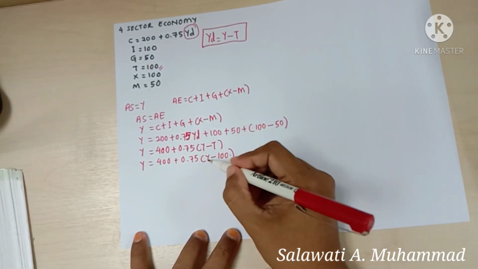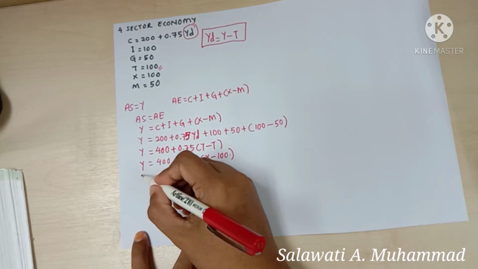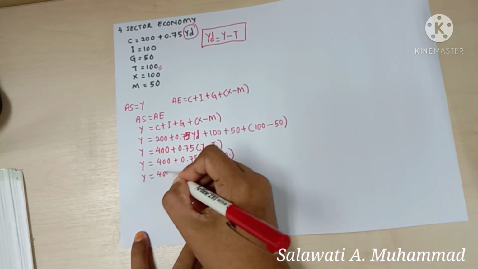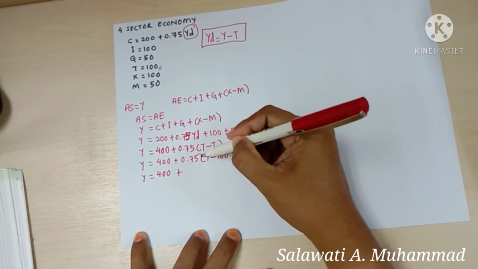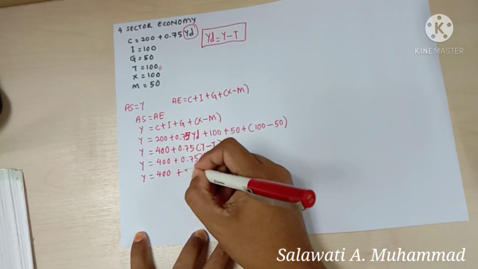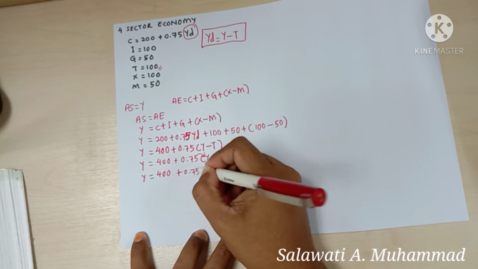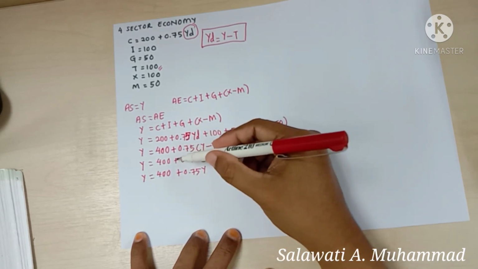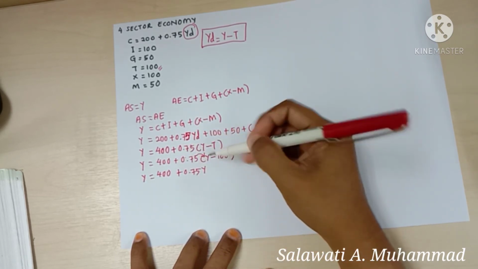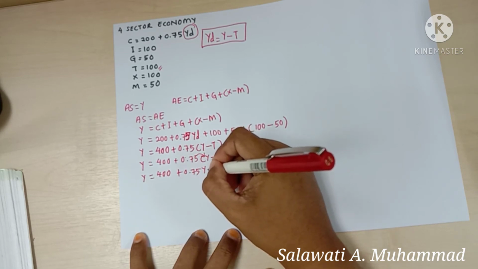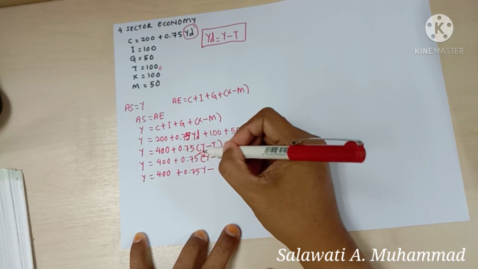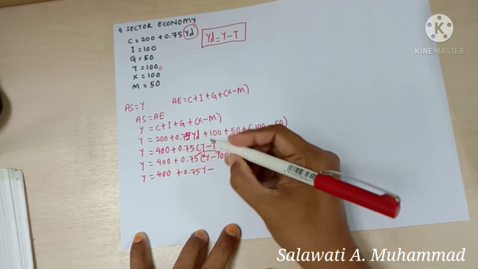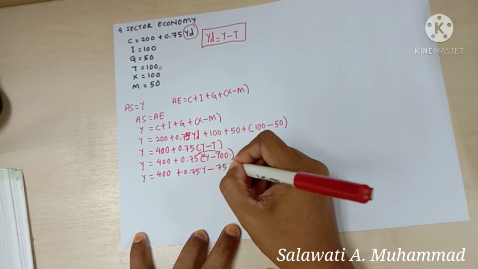So we settle this equation. 400 plus 0.75 multiply with Y, we have 0.75 Y, plus multiply with subtract, it will become subtraction. So 0.75 multiply with 100, we got 75 here.